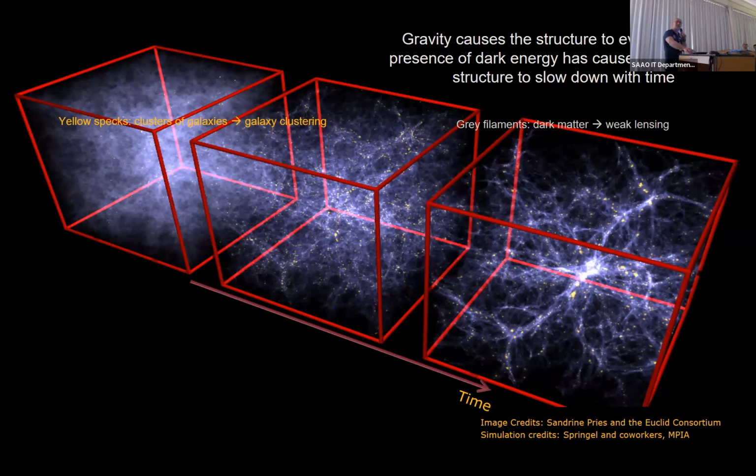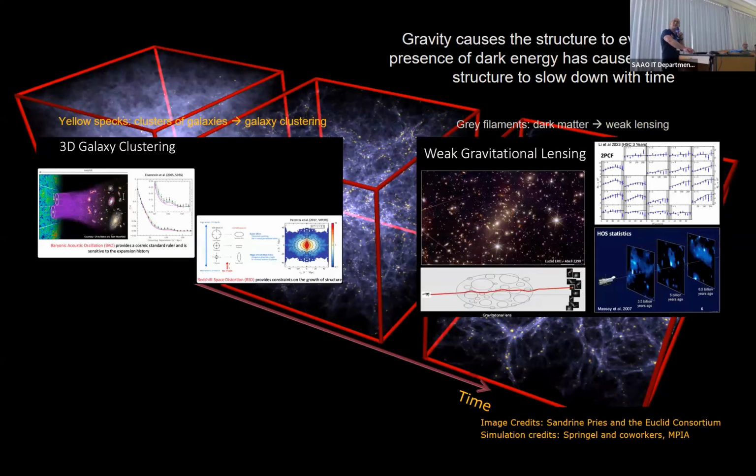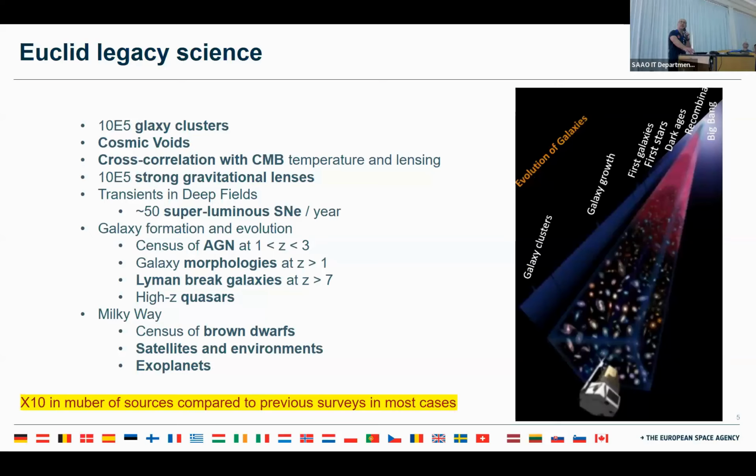There are two ways to measure that effect. One is weak lensing, which is tracing the structure evolution of dark matter, and the other is galaxy clustering. These are the two main cosmological probes the mission is made for.